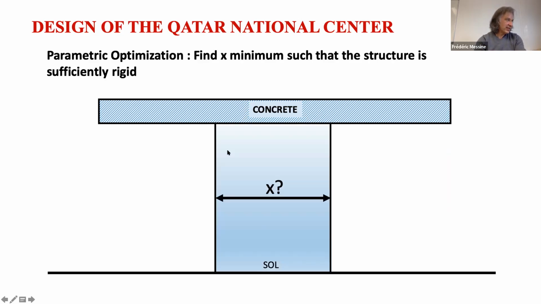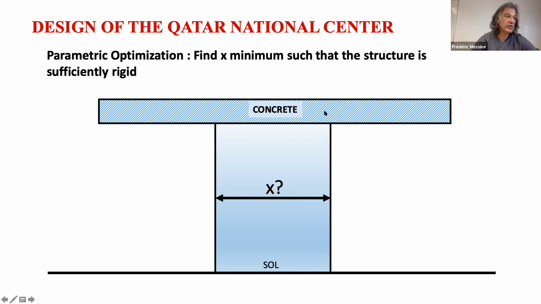First idea, parametric optimization. We can have the idea of a kind of table like this. You put concrete materials here, and you just have to minimize X, but you require that the structure be sufficiently rigid to maintain the concrete above.